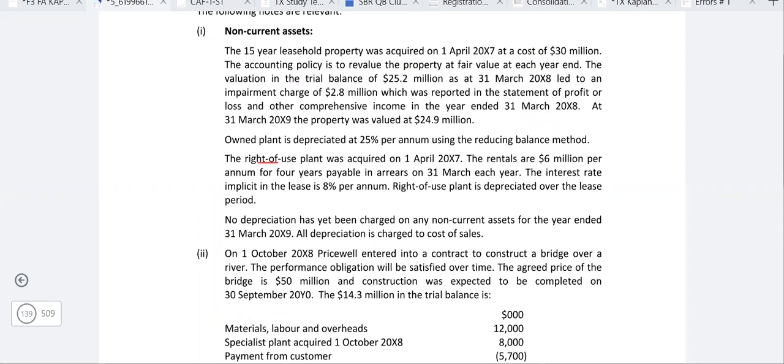The right of use plant was acquired on 1st April 20x7. The rentals are 6 million per annum for 4 years, so the lease term is 4 years. Interest rate implicit is 8% per annum. Right of use plant is depreciated over the lease period, which is 4 years.